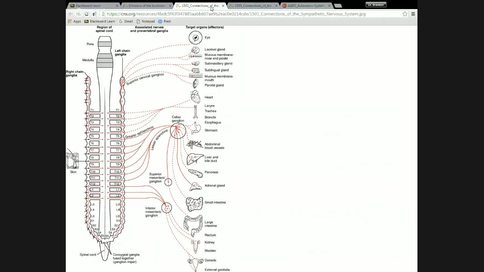Superior and inferior mesenteric is meaning that they're like next to the mesentery, or basically the intestines. And then the celiac ganglion is up here. Sometimes the celiac ganglion is also referred to as the solar plexus. Okay. I think solar, obviously the word solar as in solar system is referring to the sun.